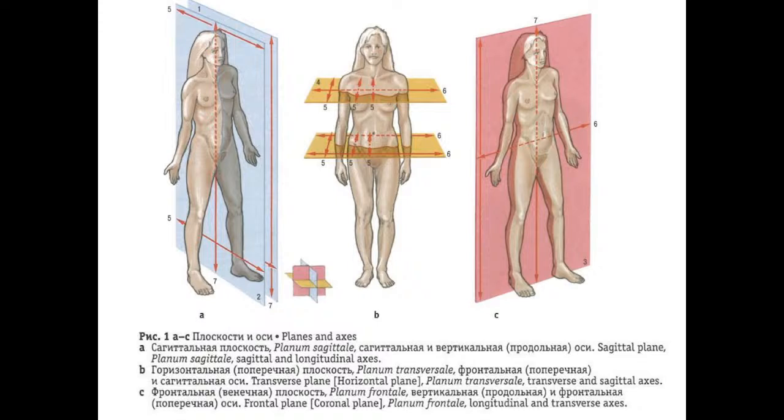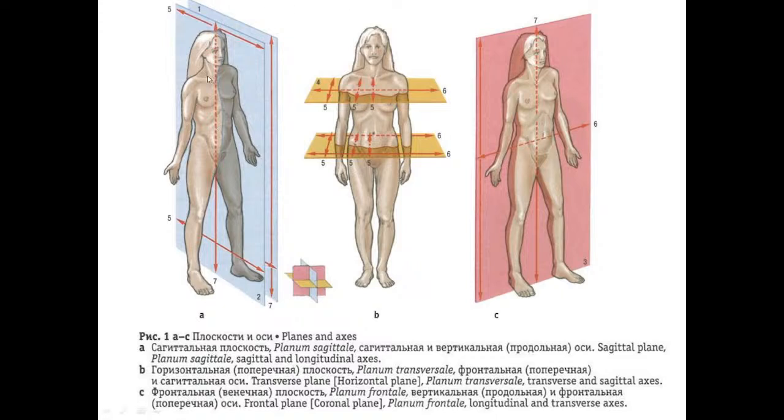Points and lines found on a front to back plane are noted as follows. Those located nearer to the front surface of the body are called anterior or ventral. Those nearer to the back are known as posterior or dorsal. Those nearer to the upper end of the body are called upper, superior or cranial.